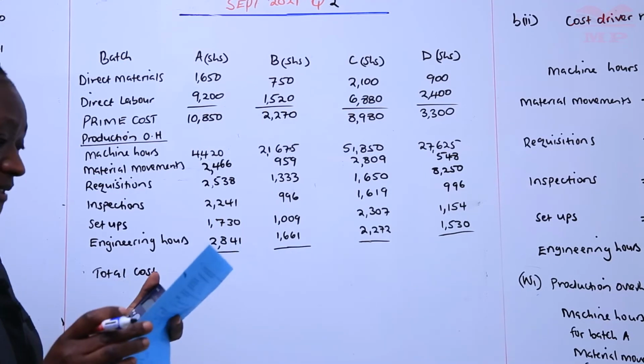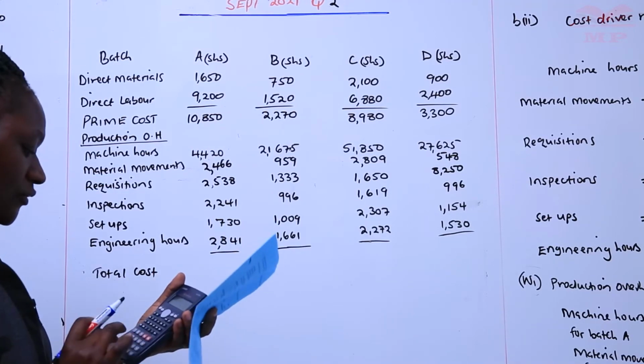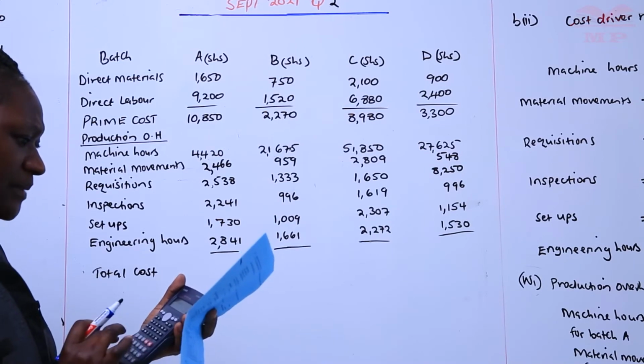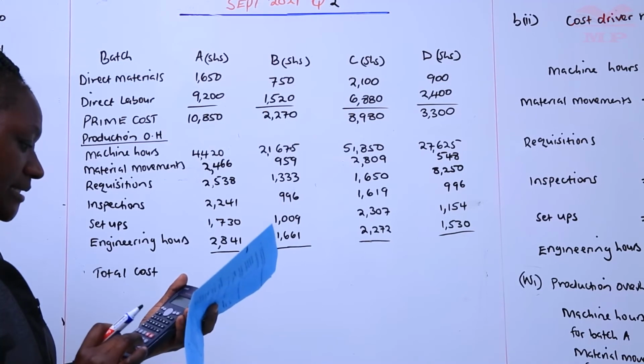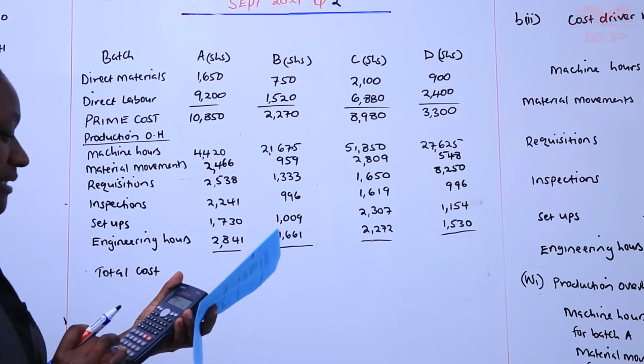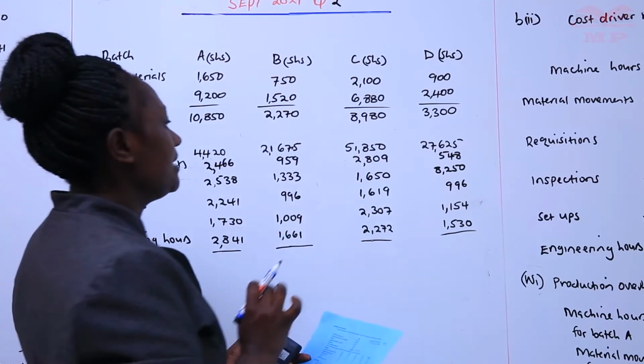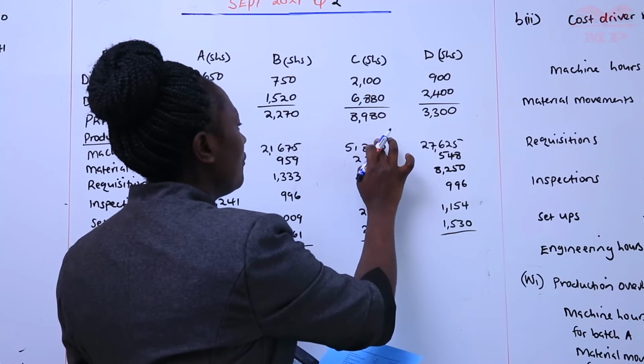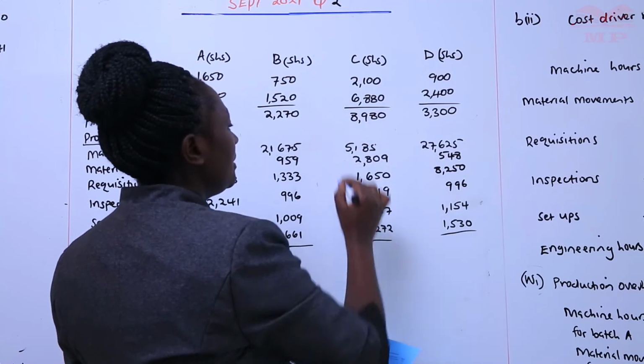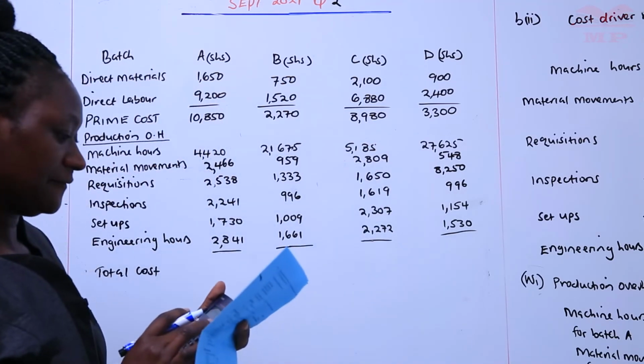And then for batch C, we are to take 8.5 multiplied by 610, which will give us 5,185. You remove a 0, should be 5,185.